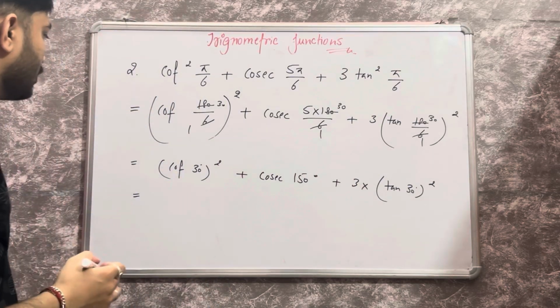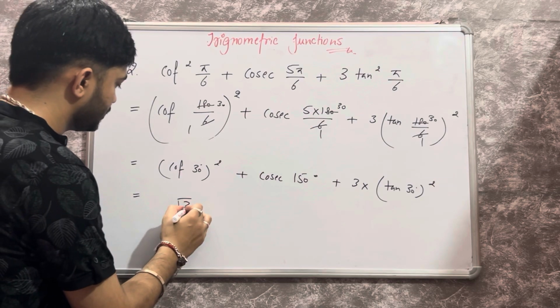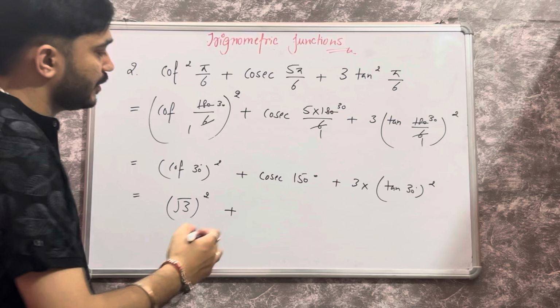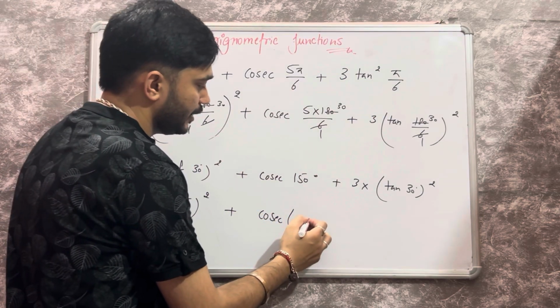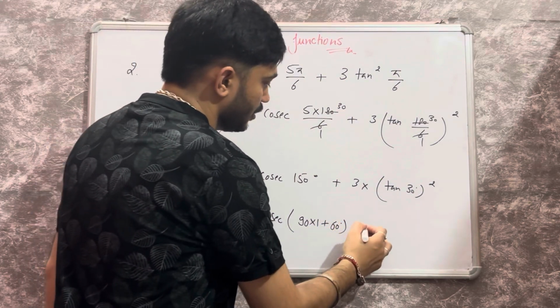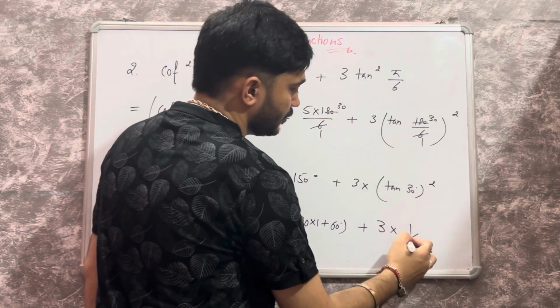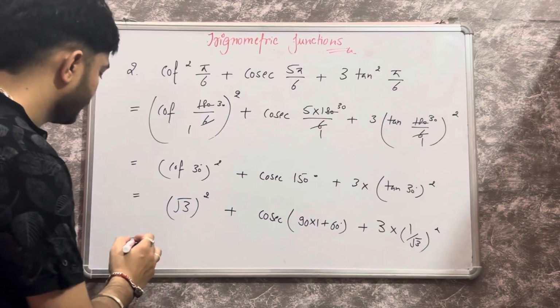Value of cot 30 degree is under root 3 square plus cosec 150. How are we going to find it? Cosec 150 is 90 into 1 plus 60 degree, plus 3 tan of 30 degree, which is 1 by under root 3 square.